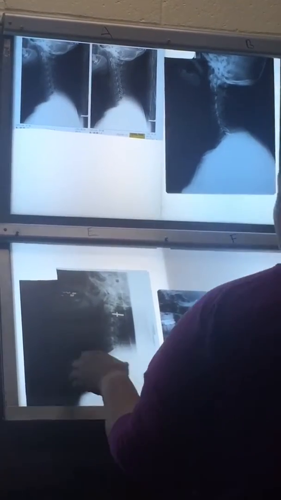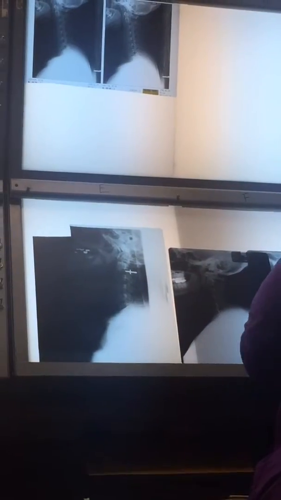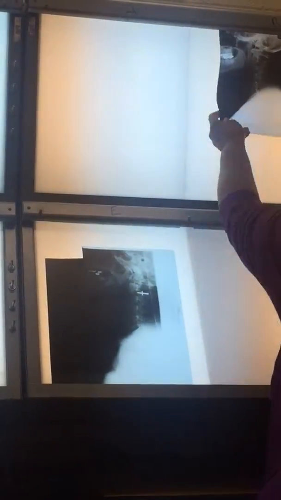Then like I said before, I'm going to throw some in there that are not so great, and you get the same question: what projection? You know it's a lateral Grandy. Then I'm asking how many vertebrae you see.